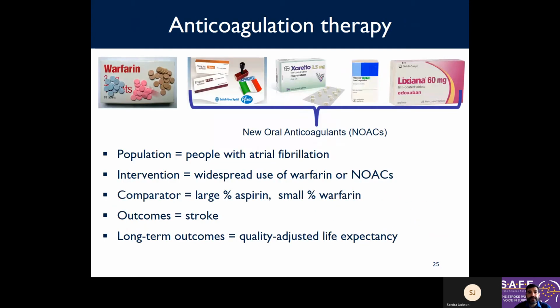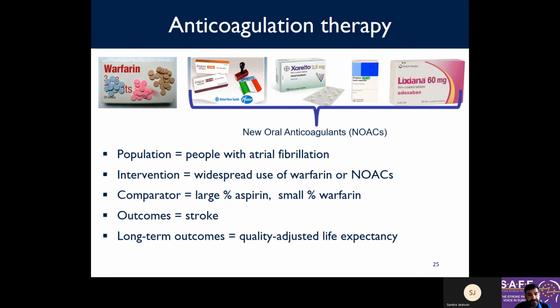So the first treatments we looked at were anticoagulation therapy in people with atrial fibrillation in order to prevent strokes happening in the first place. The treatment we looked at was warfarin, and also we looked at new oral anticoagulants that have come into European markets in the last decade or so.